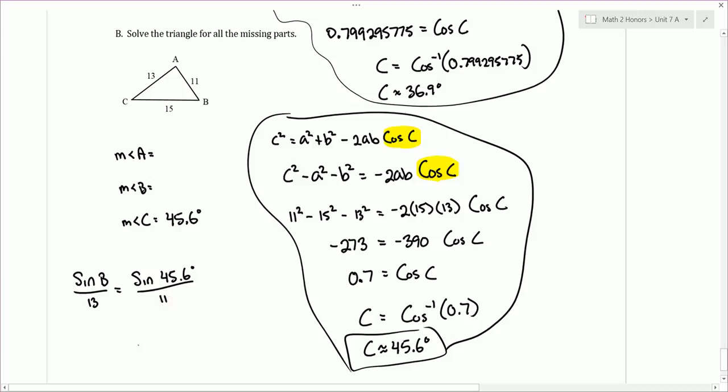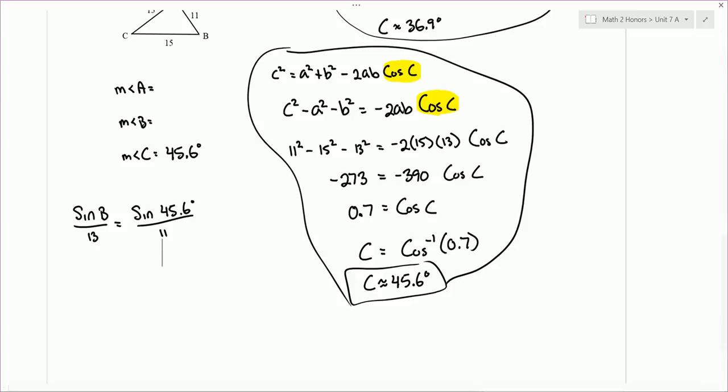We can also say it's equal to the sine of A over little a too. But this gives me a proportion where I can cross multiply and get 11 times the sine of B is equal to 13 times the sine of 45.6.